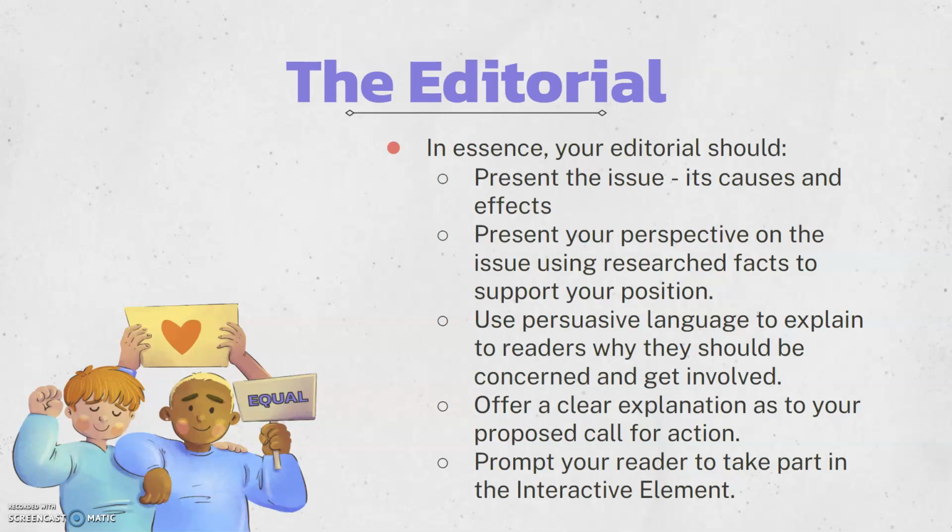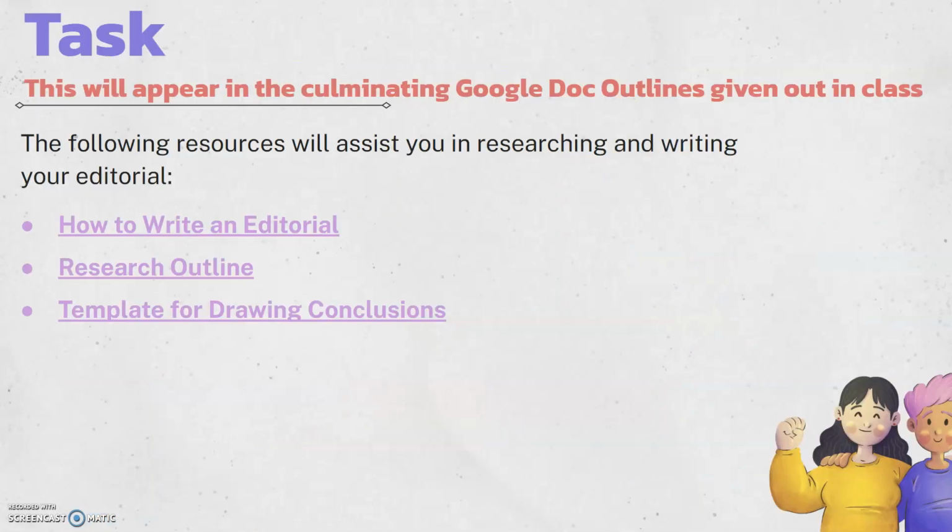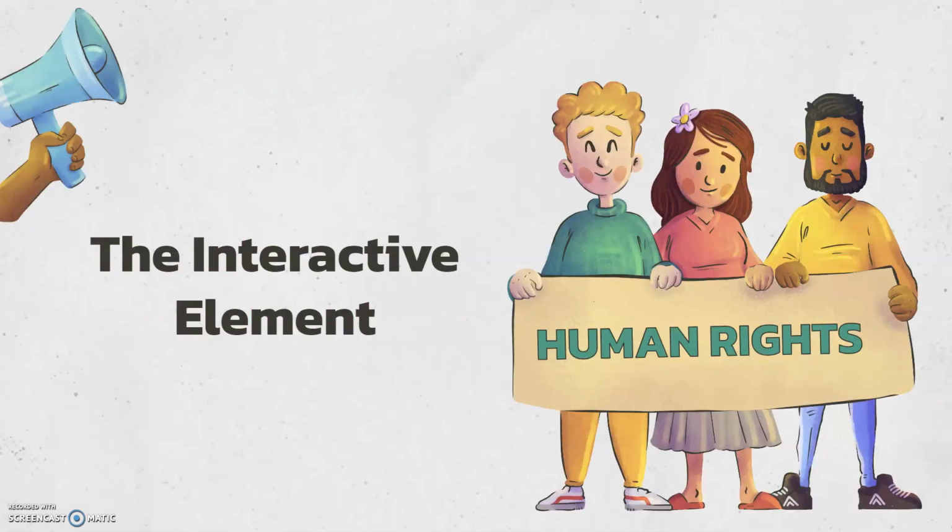Once again, just for the sake of not making this video super duper long, please pause it and read over these 4 or 5 points. I apologize. Linked here are resources that can assist you in writing your editorial. Take a minute to look them over. These are just tools to help you out. You do not need to submit these.